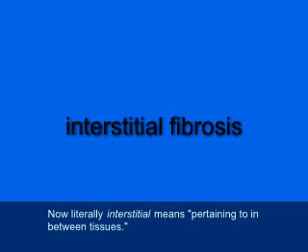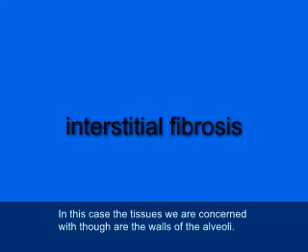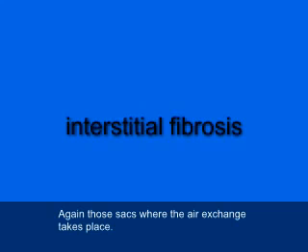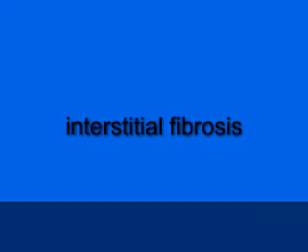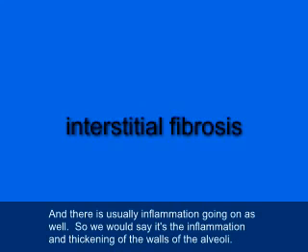Now, literally, interstitial means pertaining to in between tissues. In this case, the tissues we're concerned with, though, are the walls of the alveoli. Again, those sacs where the air exchange takes place. So, interstitial fibrosis is specifically the thickening of the walls of the alveoli. And there's usually inflammation going on with this too. So, we would say it's the inflammation and thickening of the walls of the alveoli.